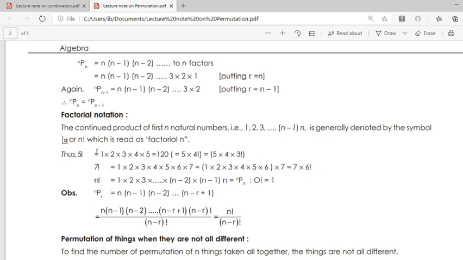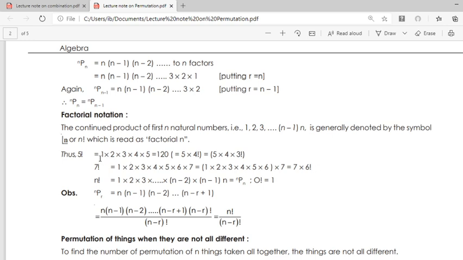Now, if I have 5 factorial, I can say 1 times 2 times 3 times 4 times the last number. What's the last number? 5. I can also reverse it another way to say 5 times 4 times 3 times 2 times the last natural number 1. You can see it in the textbook. You start from 5, 4, 3, 2 times 1 and multiply.